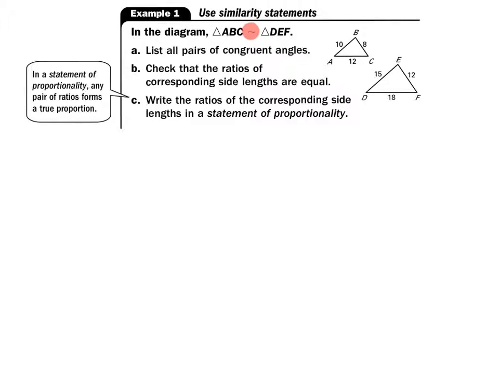So angle A should be congruent with angle D, right? Angle B should be congruent with angle E, and angle C is congruent with angle F.